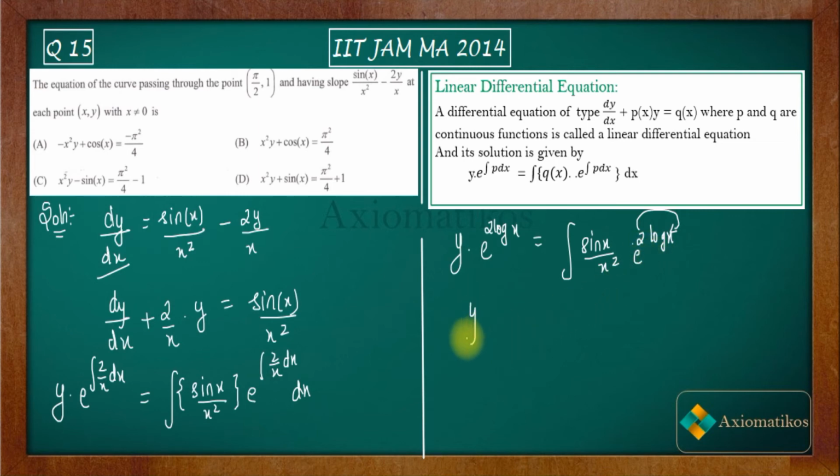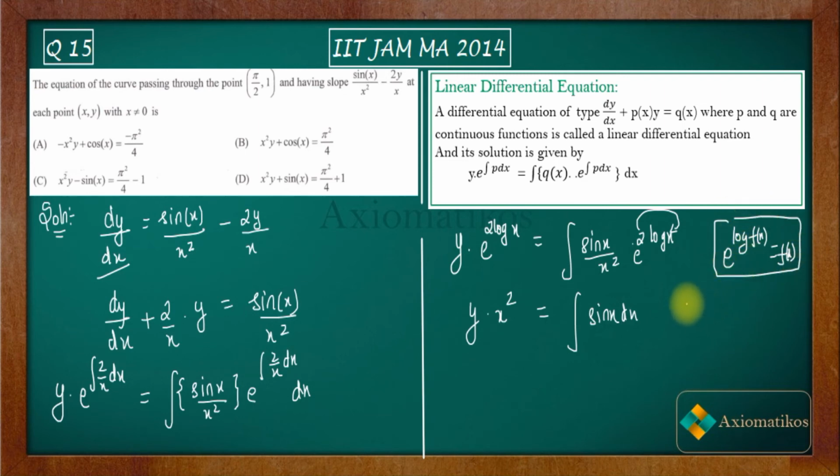So we can write this as x squared, and the right side as sin x. What I am using here is that e to the power log of f(x) is f(x). This is a basic thing.